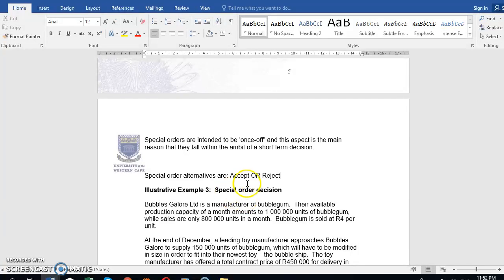What you really have is the cash flows that differ between whether you accept or reject. Those are the relevant cash flows, which make you decide whether to accept or reject.